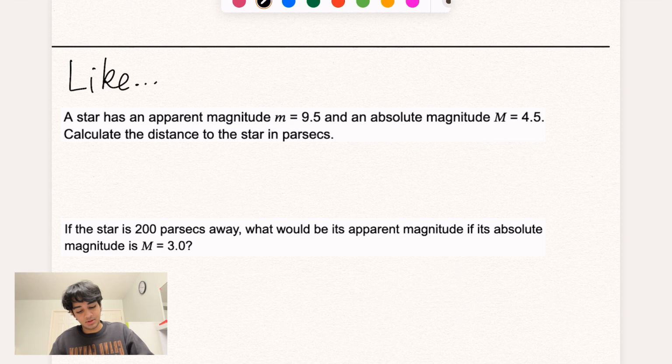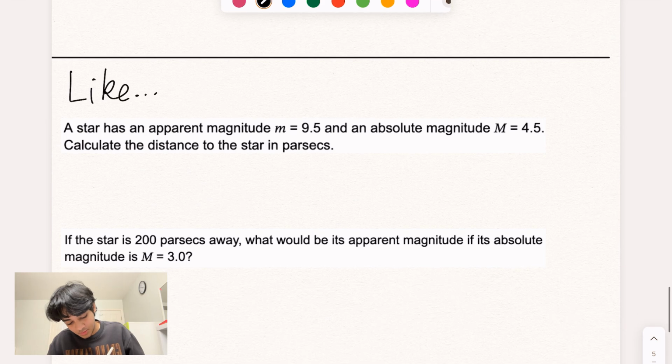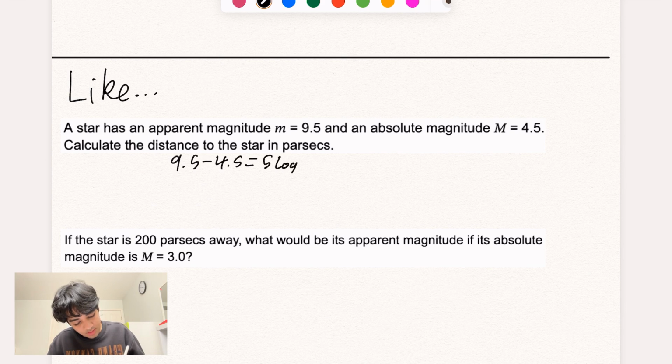So this should be very simple. We just plug in the lowercase m and capital M. We would have 9.5 minus 4.5 equals 5 log distance minus 5. So what do we have on this side? We have 5 equals everything else.